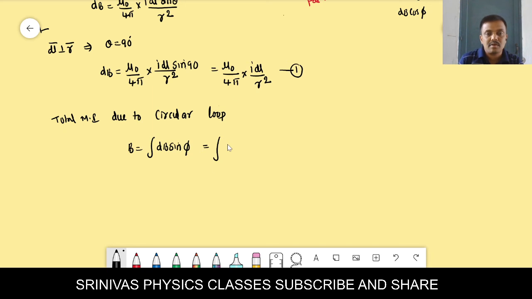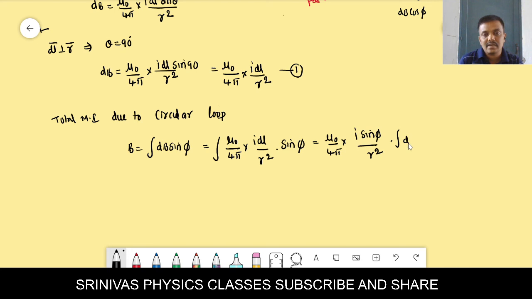Integration dB from equation 1 we write: mu naught by 4 pi into I dl by r square into sin phi. And here mu naught by 4 pi into I into sin phi by small r square is a constant.